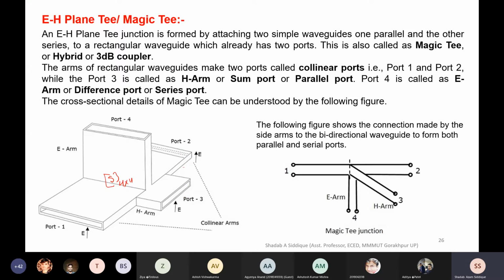The arms of the rectangular waveguide make two ports called collinear ports, that is port 1 and port 2, while port 3 is called the H arm or sum port, or the parallel port. Port 4 is called the E arm, or difference port, or series port. Why difference, why sum? Because the phases of these collinear ports are the same.